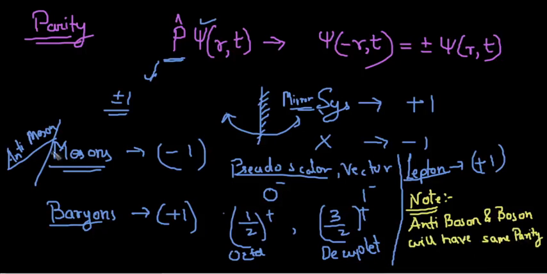Bosons have integral spins, so they will have the same parity, that is -1. Anti-meson will also have -1, and meson will also have -1 as parity.